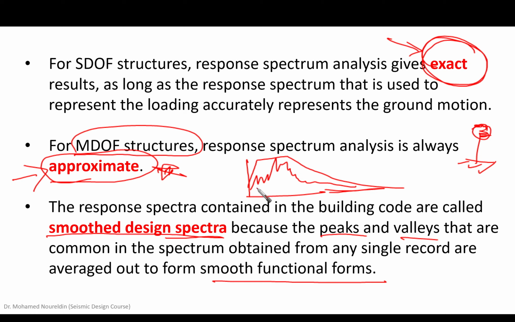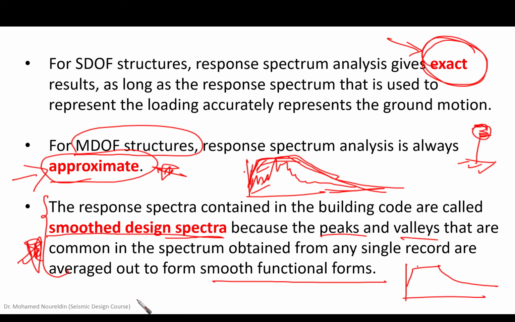The smooth response spectrum uses maybe hundreds of actual response spectra, and they are averaged. This averaging makes it very smooth. I'm going to talk about this point later, so don't worry about it. But anyway, the shape of the response spectrum that you're going to see in the codes is not a jagged one, it is going to be something like this.